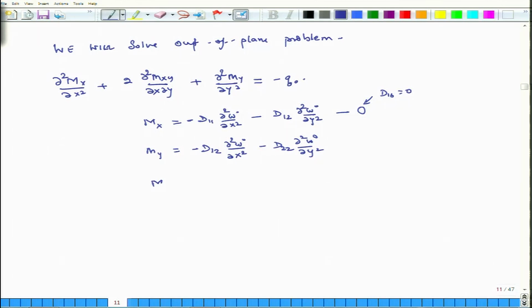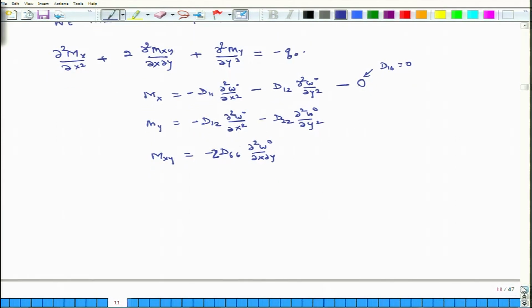And Mxy is minus 2 D66 del 2 w naught over del x del y, because again D16 and D26 are 0. So, these are the simplified terms.